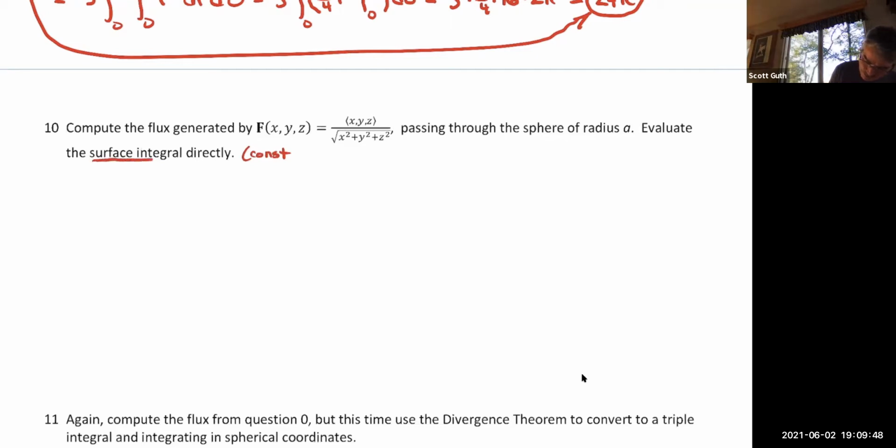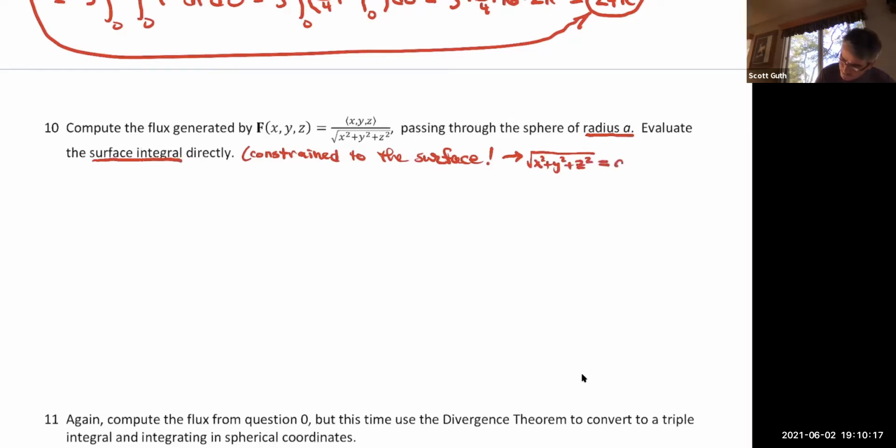You cannot leave the surface. And if you are constrained to the surface, keep in mind it's a sphere of radius A. So the square root of x squared plus y squared plus z squared had better be the radius of the sphere.